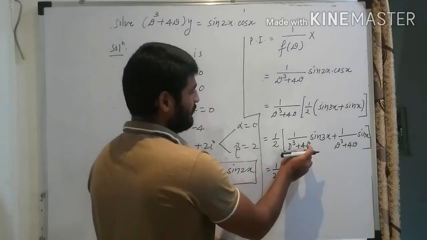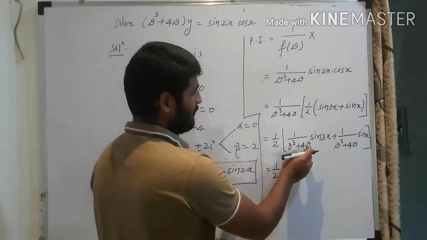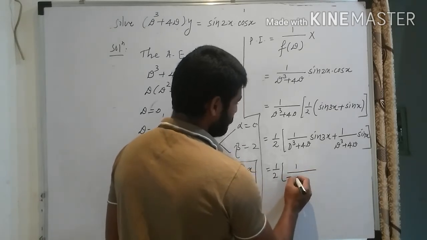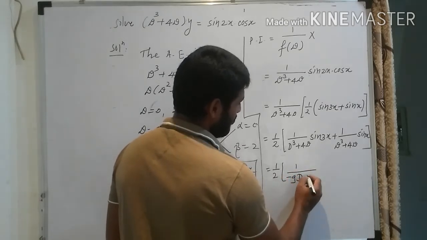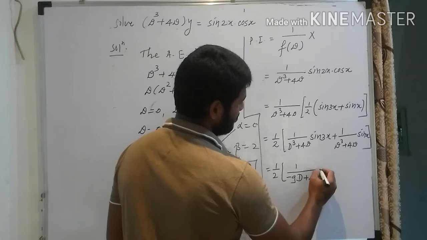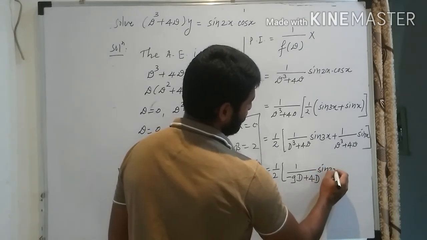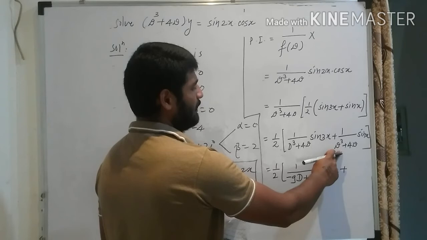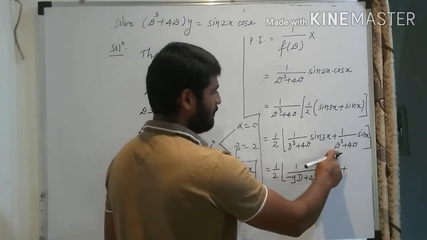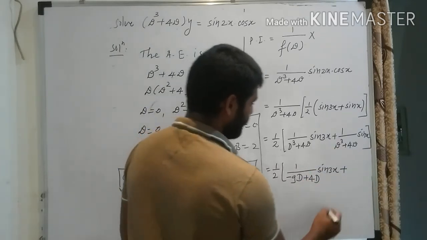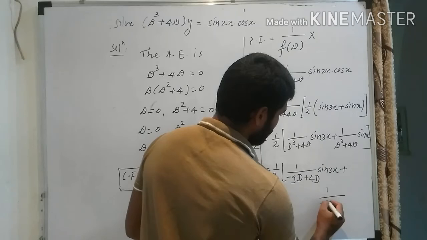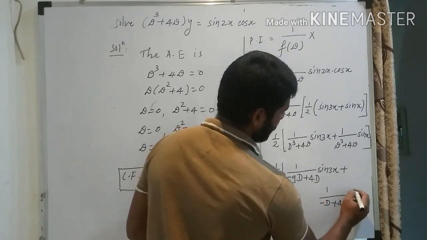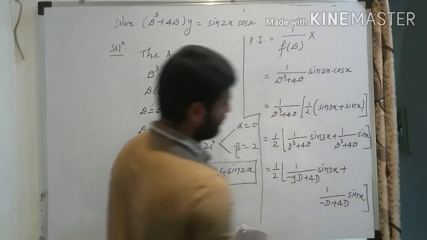So if we replace D square by minus a square, here we get 1 upon minus 9 into D plus 4 into D as it is, into sin 3x as it is, plus, now in the second term, replacing D square by minus 1, we can write 1 upon minus D plus 4D as it is, into sin x as it is, bracket close.